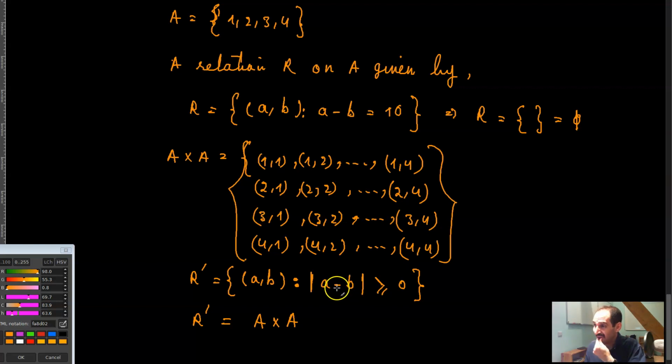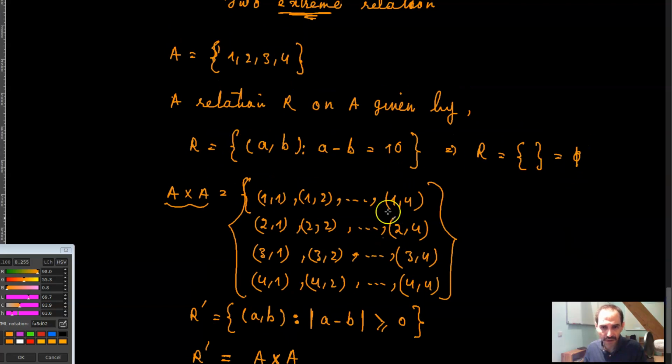So for the same reason, in the case of R prime you're getting the whole set, the Cartesian product of A and A, and in this case you are getting none of those ordered pairs.